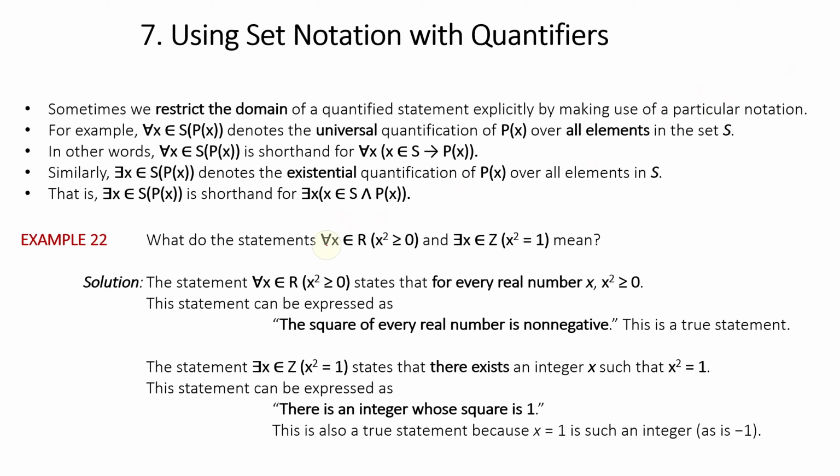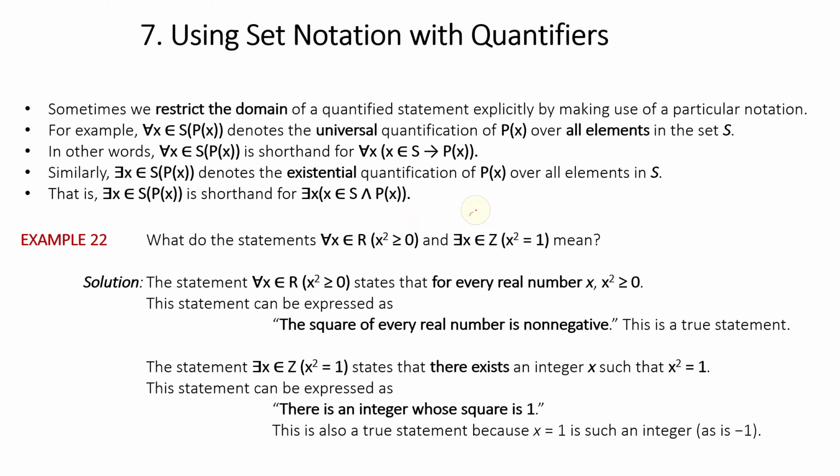So what is P of x? For example here, imagine again this is all the real numbers. For every x in the set of all real numbers, x squared is bigger than or equal to 0. What does this statement mean? It means for every real number, the square of that real number is going to be non-negative.